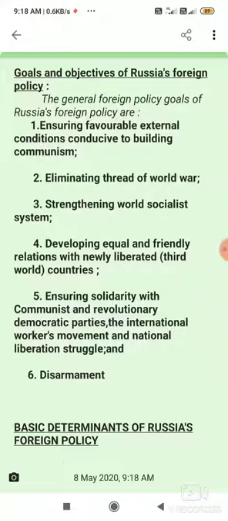For this matter, it always ensured that it maintained favorable external conditions, so that communism could be built in the Soviet Union and in its satellite states.